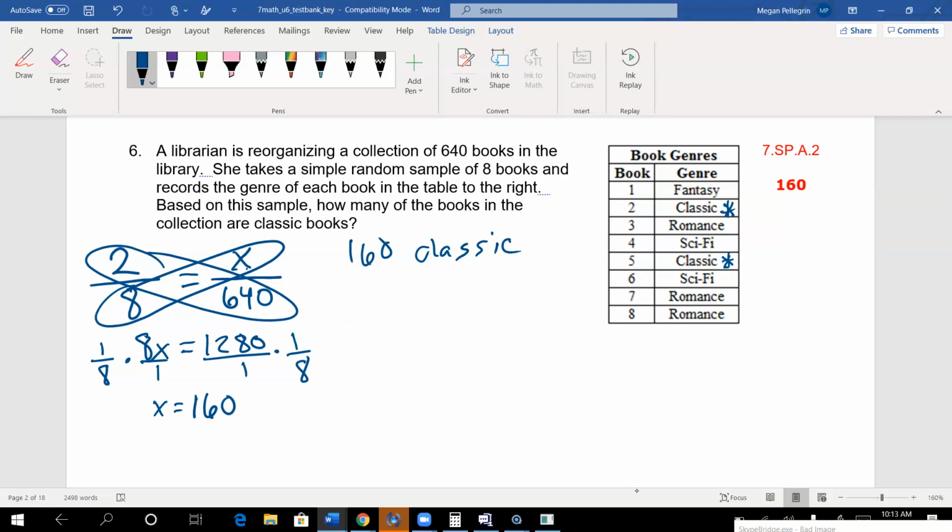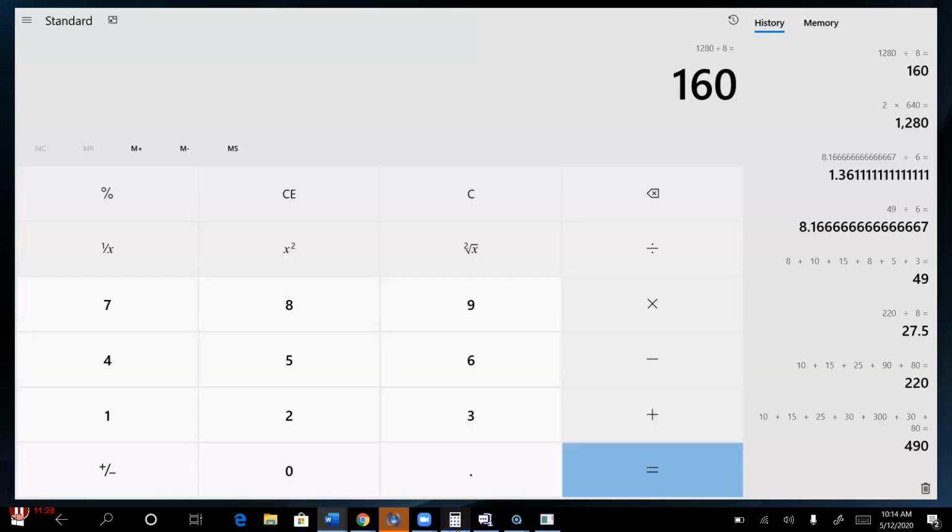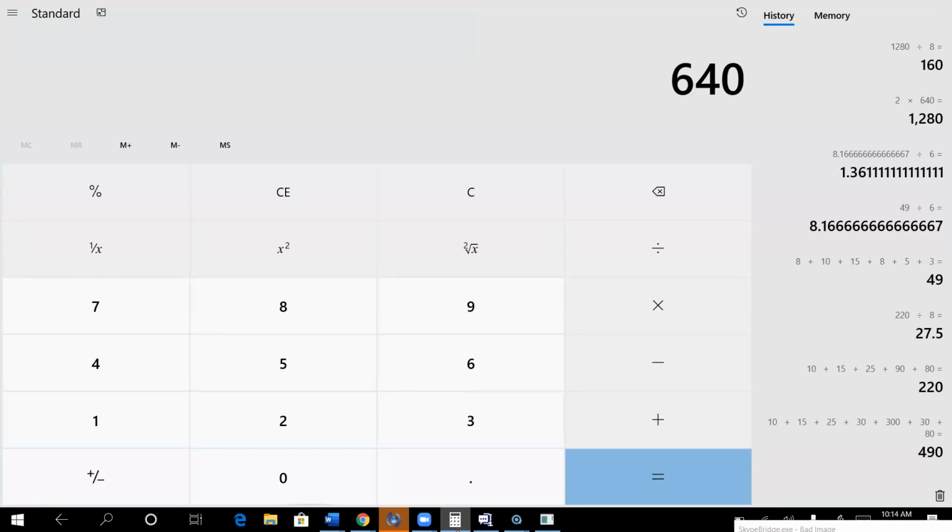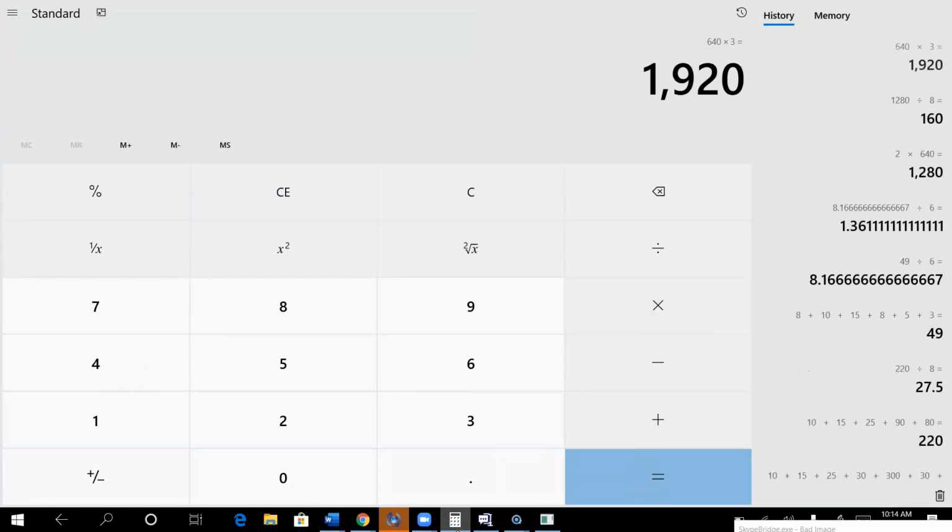We could say, okay, so then how many would be romance novels? Okay, so we had 1, 2, 3. So 3 out of the 8 were romance. We want to know how many out of 640 are romance. So again, we're going to do 8 times x is 8x equals 640 times 3 equals 1,920.